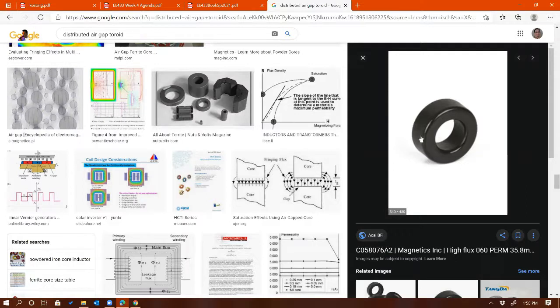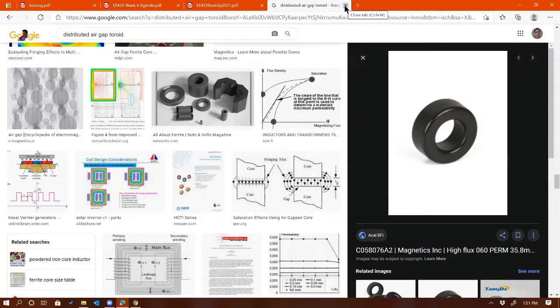If you find out that the permeability of the core is not enough, you need a lower mu to increase the energy storage capability of the core, and you can definitely look for a toroid that has a distributed air gap.